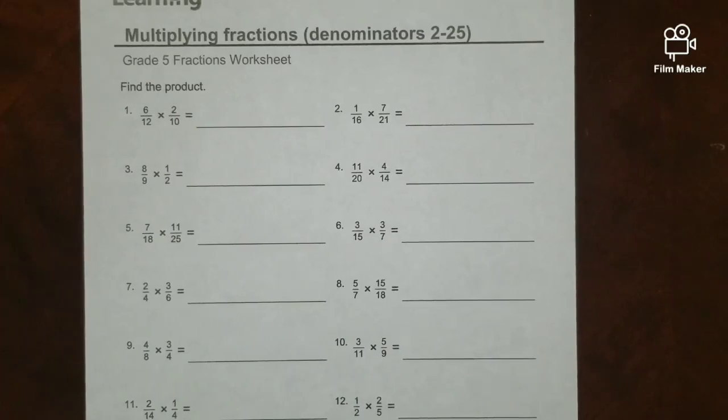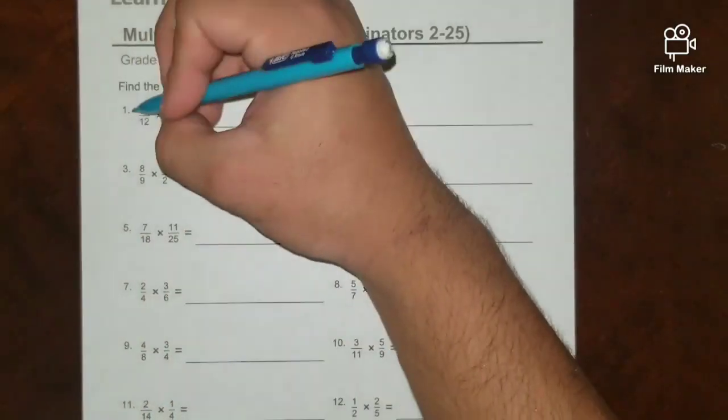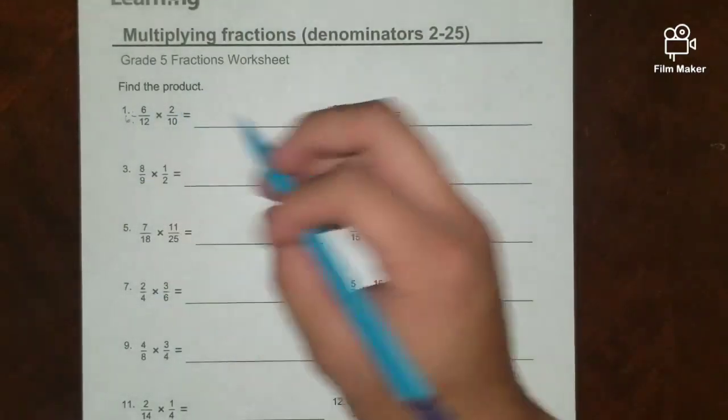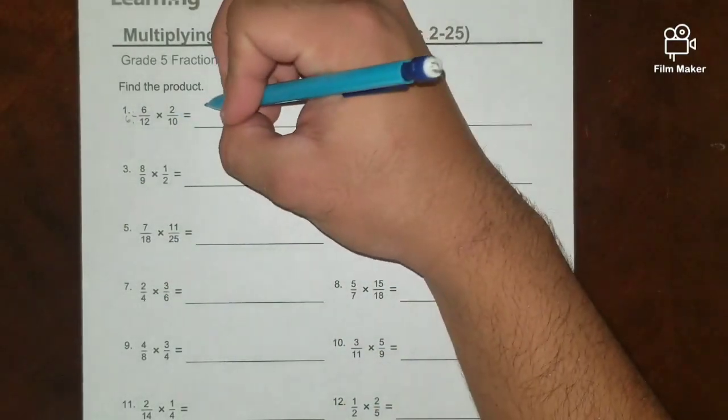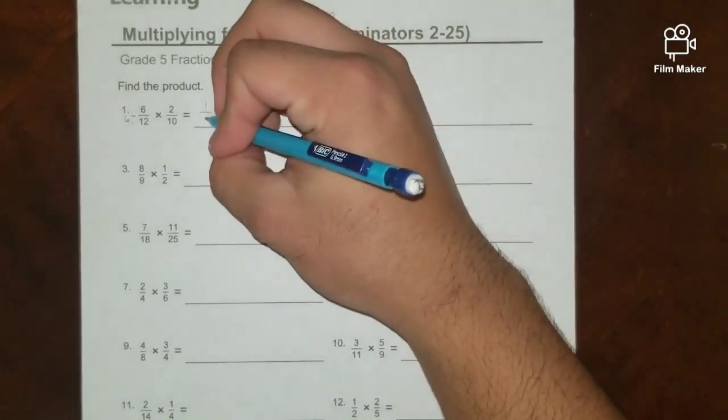So when we look at the first fraction, we have 6 over 12. And since 6 and 12 are both even numbers and multiples of 6, we can reduce it. So if we took 6 out of 6 over 12, 6 into 6 would give us 1 over, and 6 into 12 would give us 2.